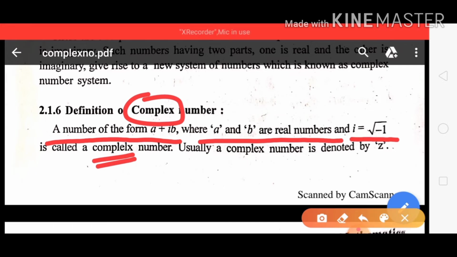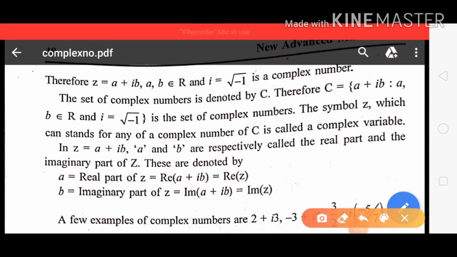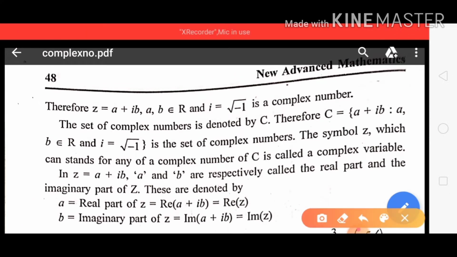Usually a complex number is denoted by Z. Z is equal to a plus ib, a comma b belongs to R, and i equal to square root of minus 1 is a complex number.